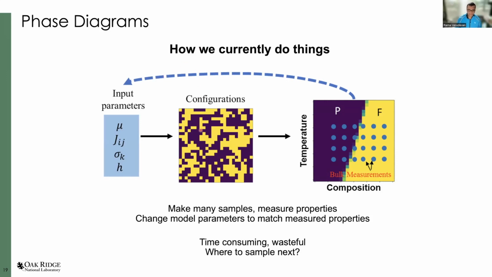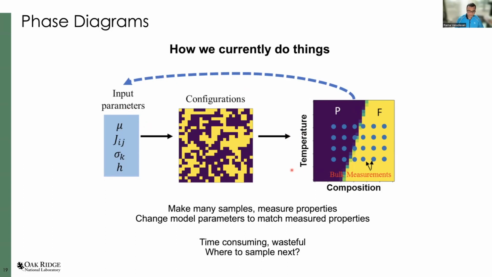So traditionally, in order to be able to compute a phase diagram, what people do is that they make many different samples, and then they measure them, for example, for different compositions and for different temperatures. And then people go back to modeling and try to change parameters for models that can then predict or give you a better understanding of the phase diagram itself that you've actually gone ahead and measured.